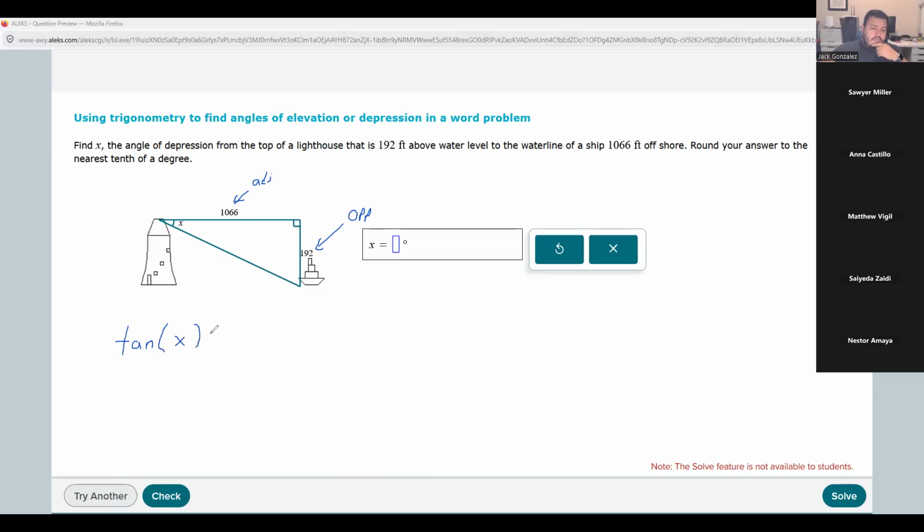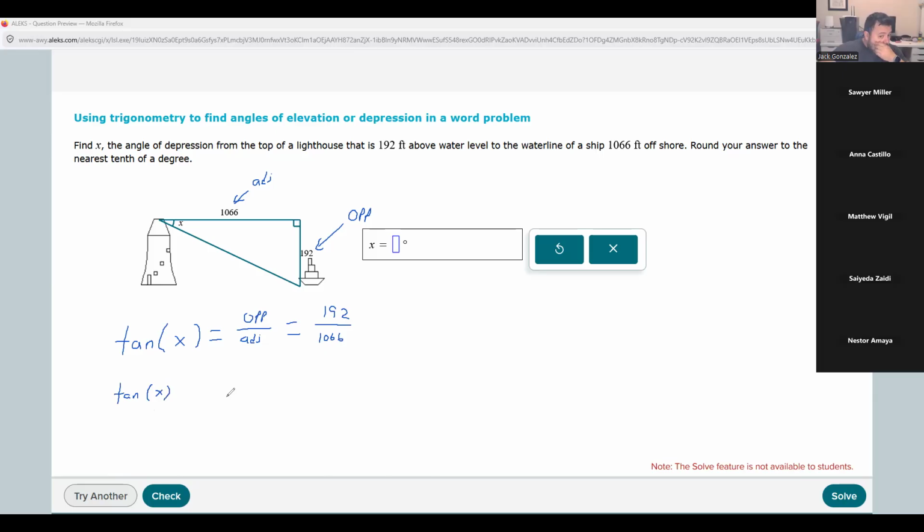But the x is trapped in there. So what would y'all do to solve for x? What do we just put in the calculator?